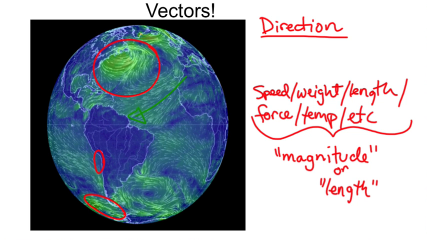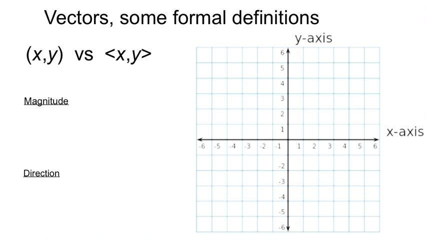All right? So those are the two main things that a vector demonstrates: the magnitude, or length, of something and the direction that it's going. If we then move on to some more formal definitions of a vector, you can see that we've got the parentheses (x, y), which is a point, versus this new symbolism up here that is also an xy coordinate, but it's got those funny arrow brackets on the end.